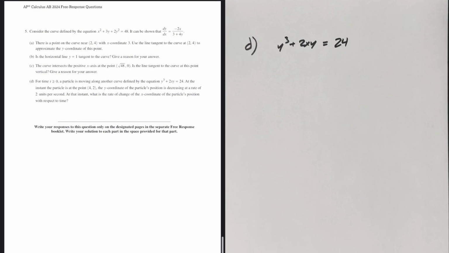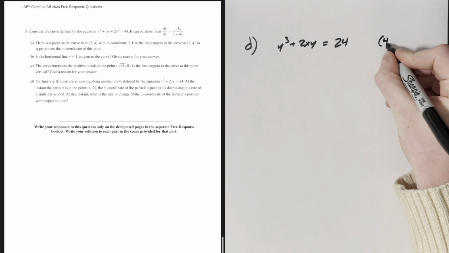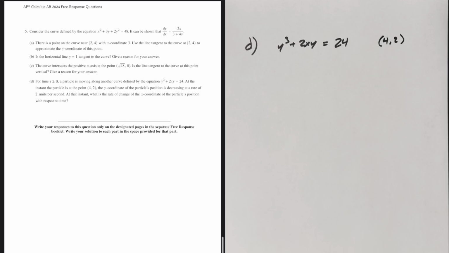At the instant the particle is at the point (4, 2), the y-coordinate of the particle's position is decreasing at a rate of 2 units per second. At that instant, what is the rate of change of the x-coordinate of the particle's position with respect to time?